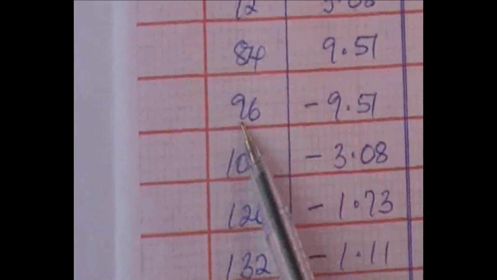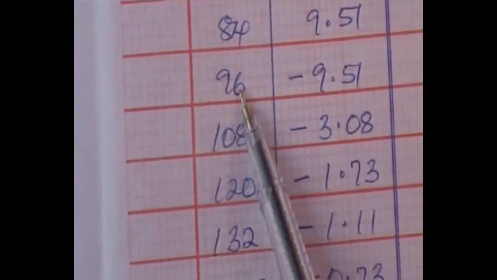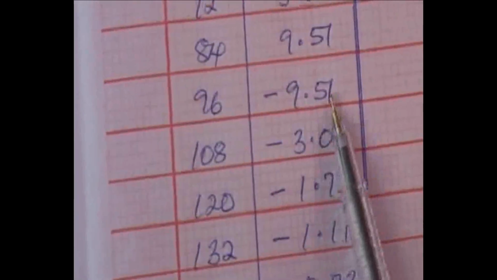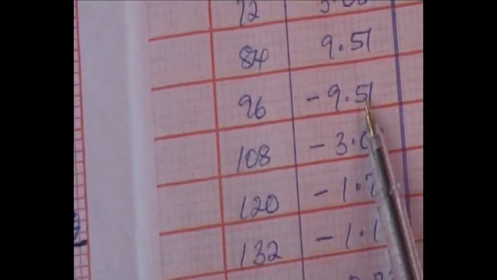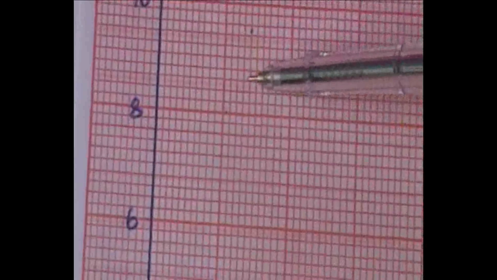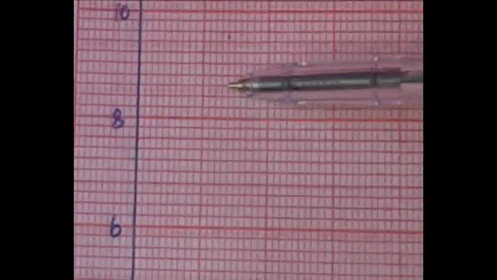Alright, then the next value we have after 84 is 96, and the value of 96 is minus 9.51. Minus will be gotten on values below the x or theta axis. Now, this is the place we plotted 84.